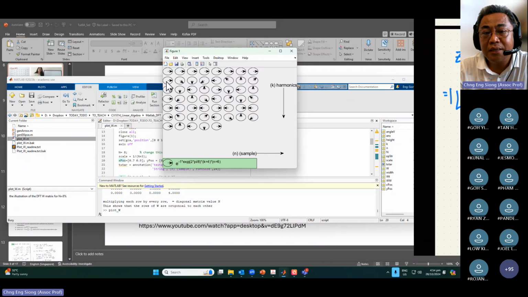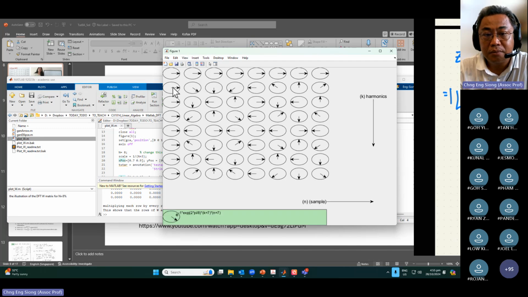What you will see is that as I increase my n, my phasor is still rotating clockwise, but now at 45 degrees. So only at 2 steps does it make 90 degrees. Just now, in 1 step, I already made 90 degrees. Now, in 2 steps, I will make 90 degrees. In 1 step, I make 45 degrees.